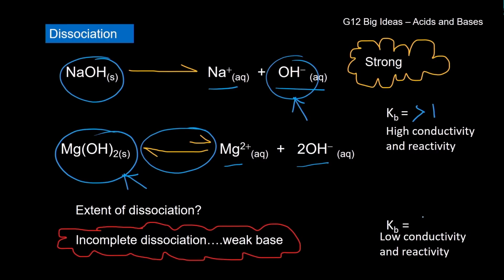It is incomplete dissociation. It means that its Kb value is going to be less than 1. It is going to have low conductivity and low reactivity. Why? Even though it says 2 OH minus ions, the concentration of those ions is very low, and so its Kb value is going to be low.